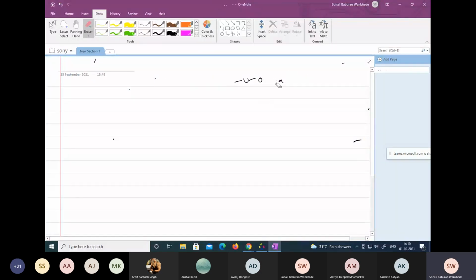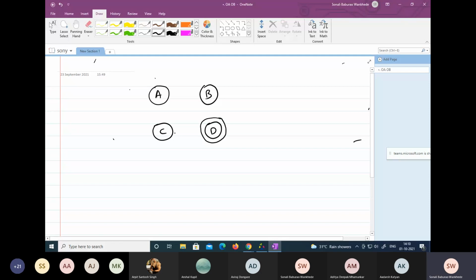Let us take one example here. Just draw the state diagram which I'm drawing now. Suppose I have 4 states here, A, B, C, and D. A is my initial state and D is my final state.